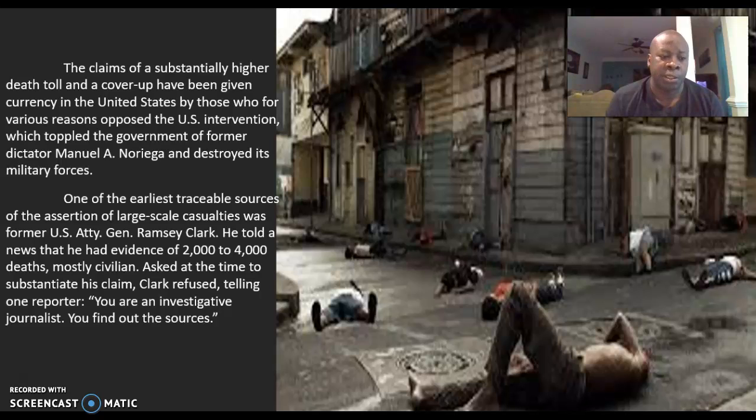According to former U.S. Attorney General Ramsey Clark, it was between 2,000 and 4,000 casualties or deaths, and most of them were civilians. In some of the sources that I read, the number was less than 200 soldiers, and the remainder were casualties. There was a lot of cover up on the numbers of death that took place during this invasion, which I found very controversial.